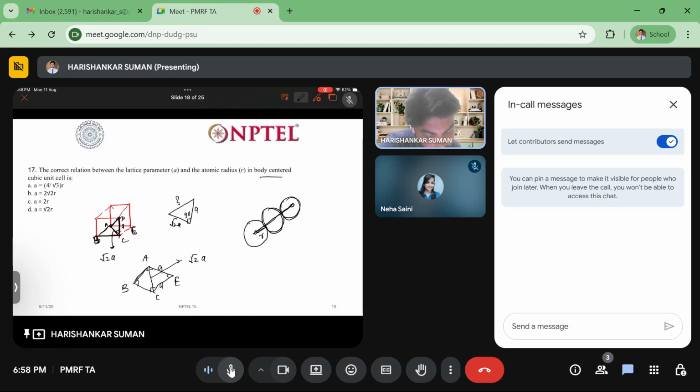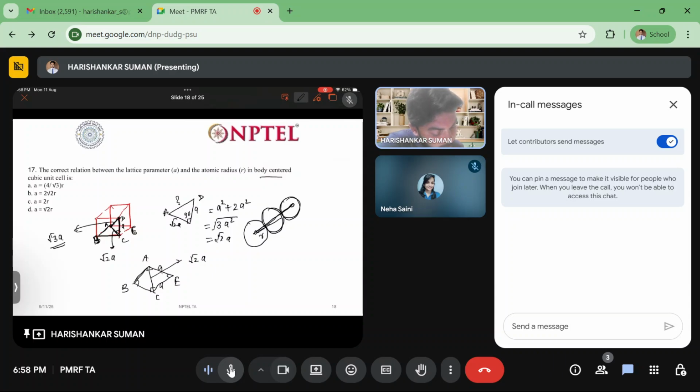What would be the diagonal? Solving, 2A squared plus A squared is 3A squared, taking root, root 3 A. This will be root 3 A.